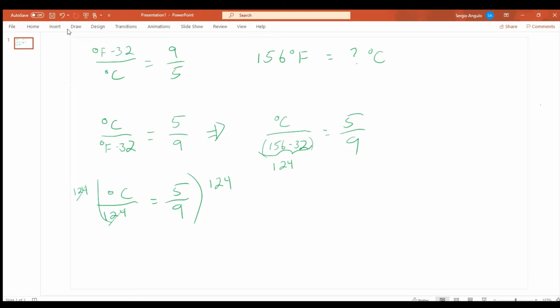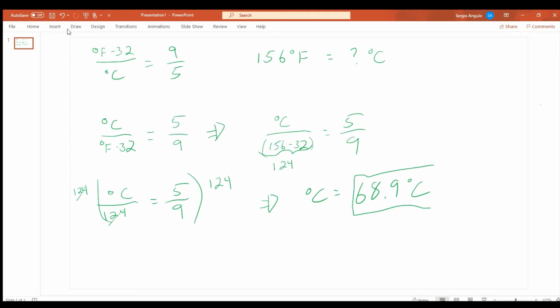Let's see what that ends up being. 5 times 124 divided by 9 is going to give you 68.9. We'll go over rounding later on in the week, but we end up with degrees Celsius equal to 68.9 degrees Celsius.